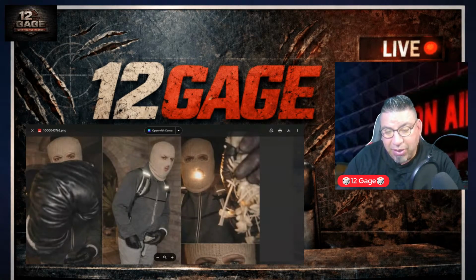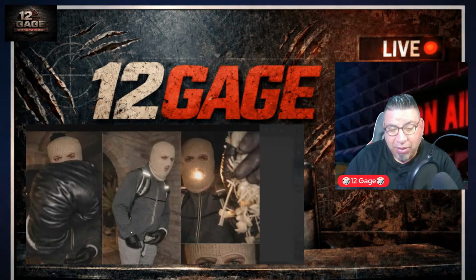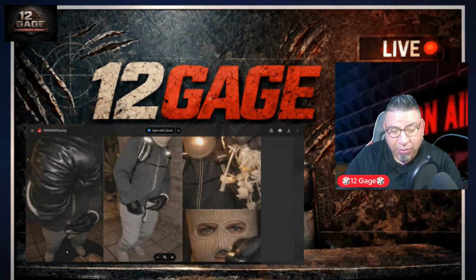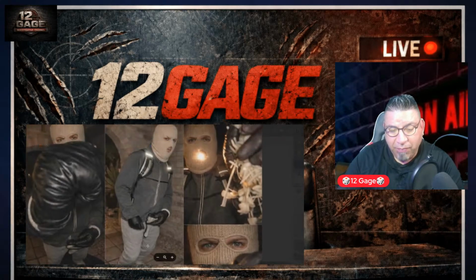Don't go on the color right here, but look at the jacket shape. The pants look the same to me. Look at those pants. Do they not look like the same type material?